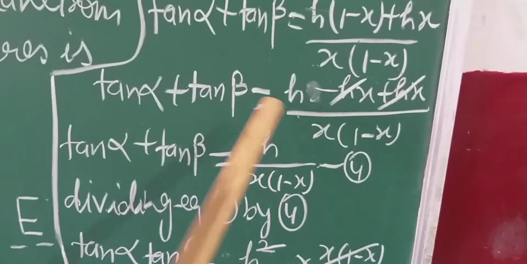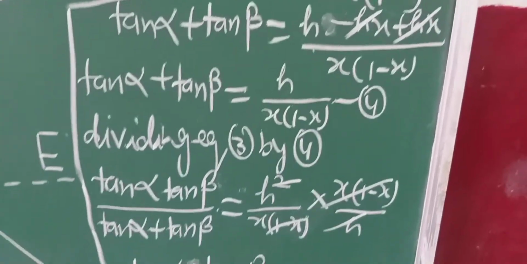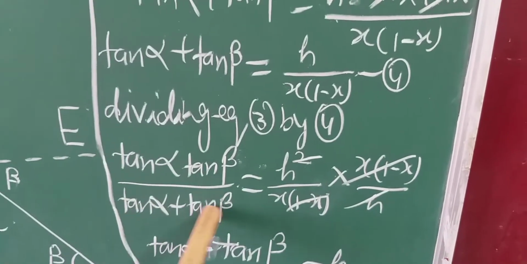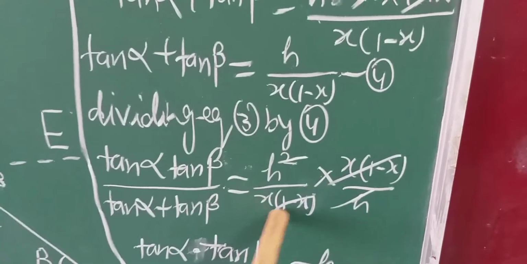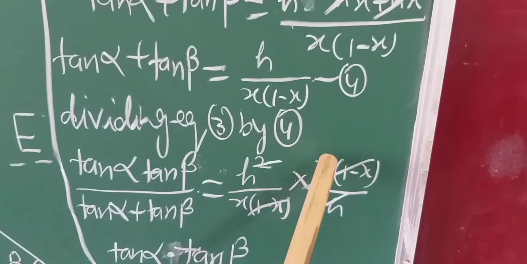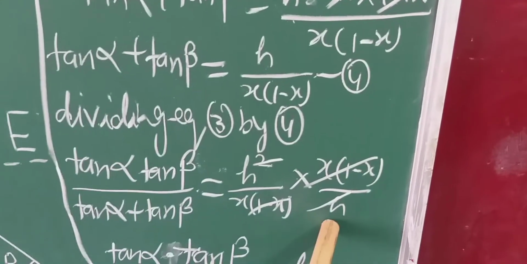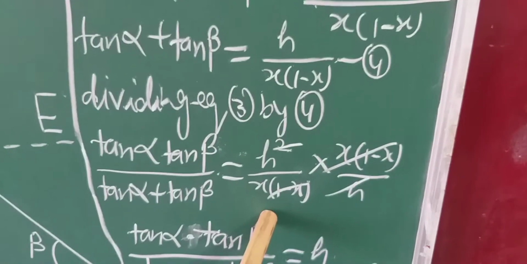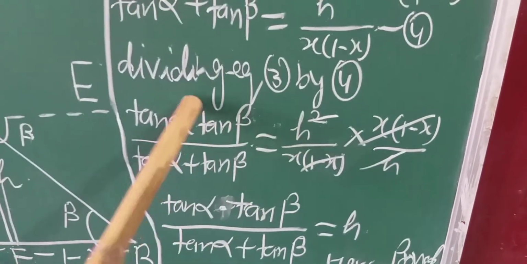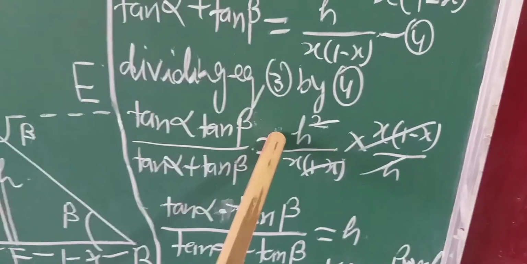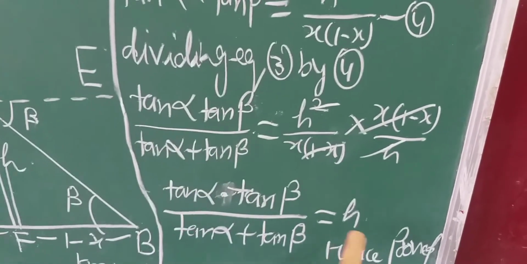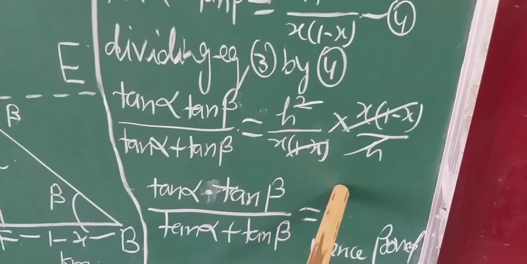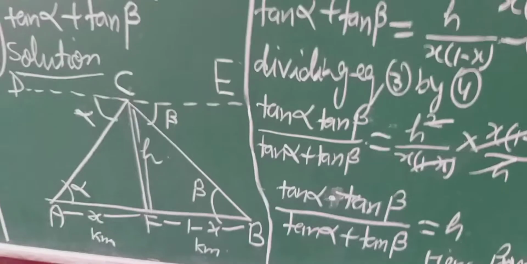So we have to write the reciprocal of the denominator. So it will become h square upon x into 1 minus x, into x into 1 minus x upon h. h's cancel and this value will be cancelled. Now student, we have got our answer, tan alpha tan beta upon tan alpha plus tan beta equals to h, the height of the aeroplane. Okay, students? Okay then.